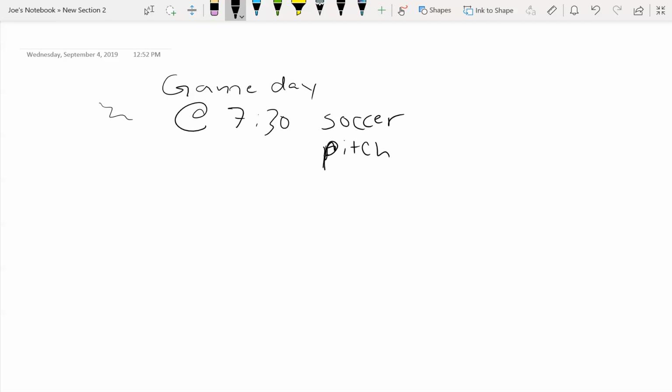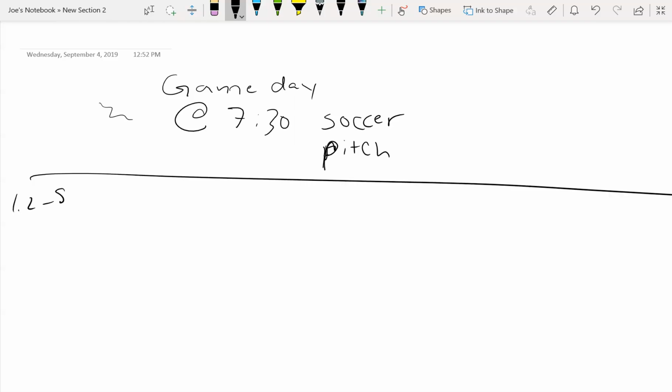That's 1.2-8 on page 19. So you've got the probability of A is 0.4. Probability of B is 0.5.